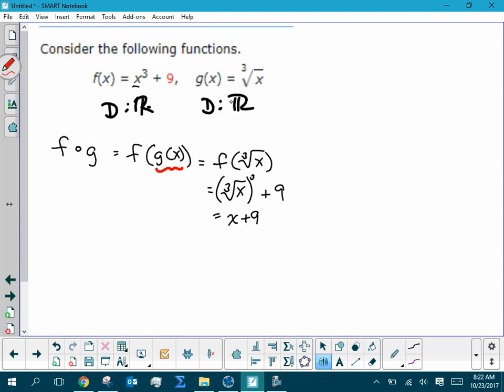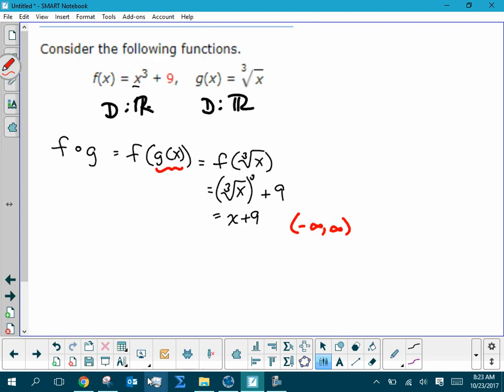We don't have to do anything there. The next thing that you do then is you look at the final composite and think about, is there any division or square roots or even roots, I guess, in x plus 9? And there's not, so there's no domain issues here. So again, our domain for the composite function then is still negative infinity to positive infinity because nothing should have been kicked out. Does that kind of make sense?